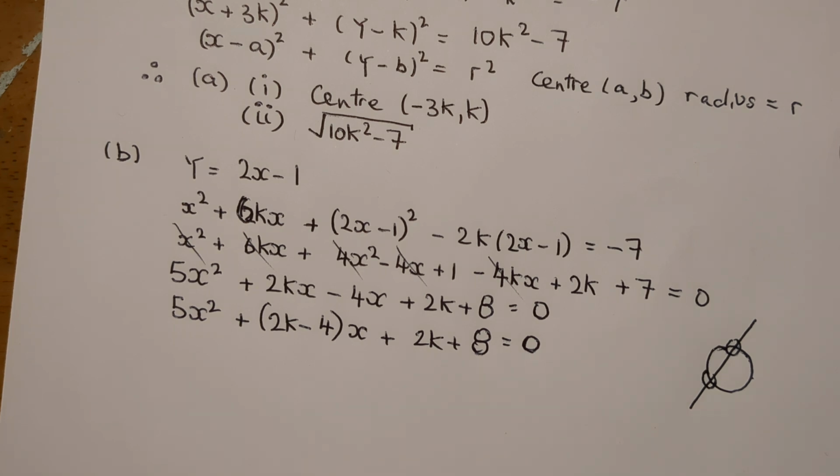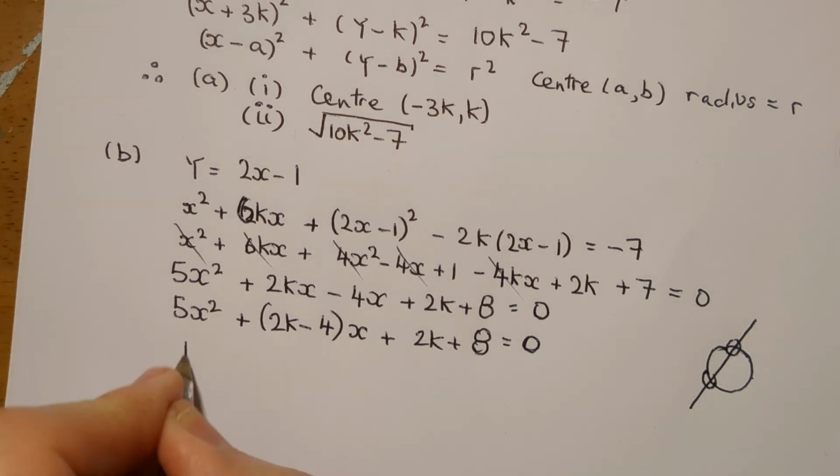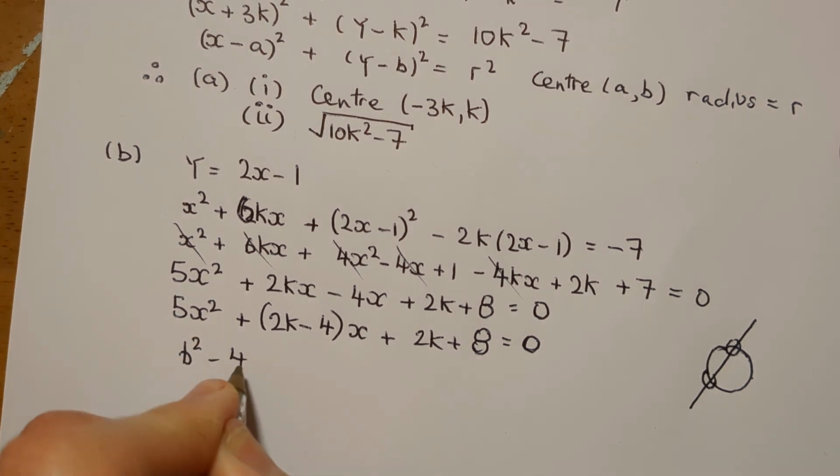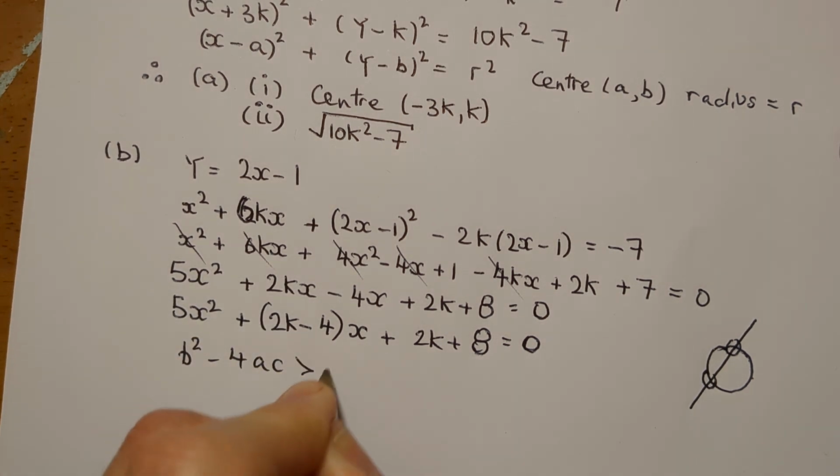If that's the case, then the x values of this equation are going to be the x coordinates where they intersect. So if the line and circle intersect twice, it means that this quadratic equation must have b squared minus 4ac greater than 0.